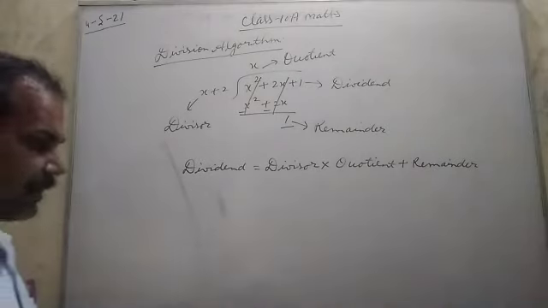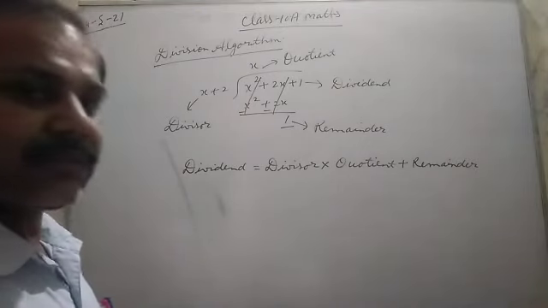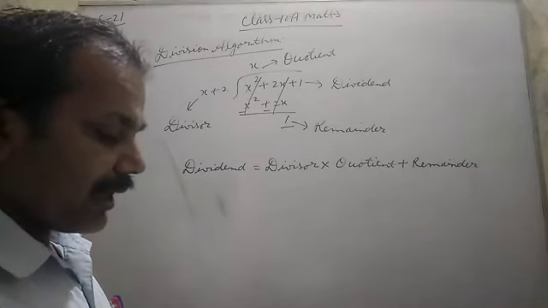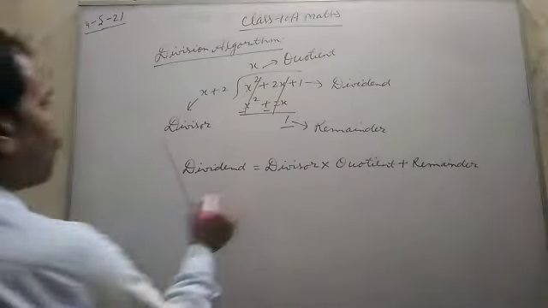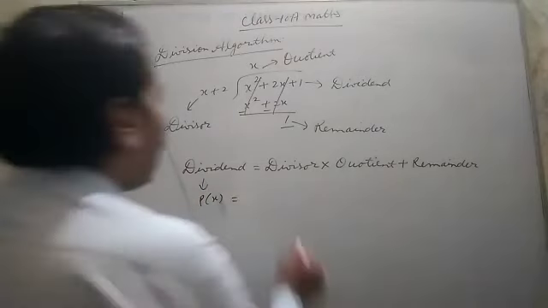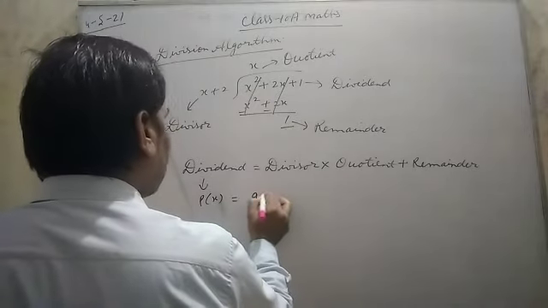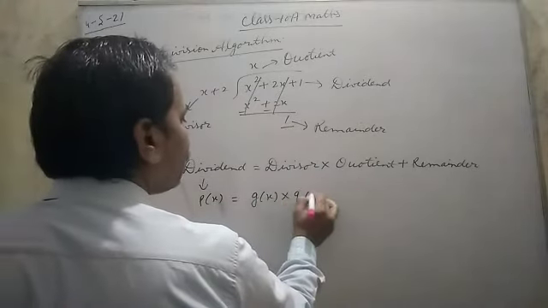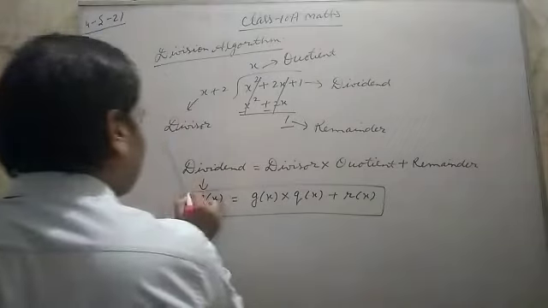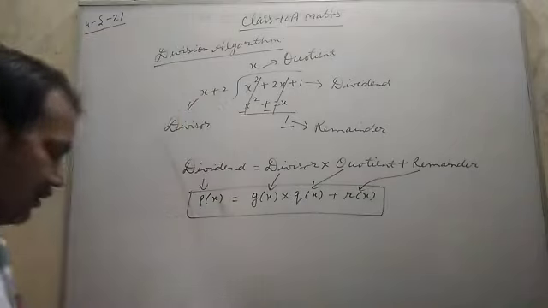Here, page number 34, it is given: if p(x) and g(x) are any two polynomials with g(x) not equal to 0, then we can find polynomials q(x) and r(x) such that, if the dividend is represented by p(x), the divisor by g(x), the quotient by q(x), and the remainder by r(x), this relation will hold.